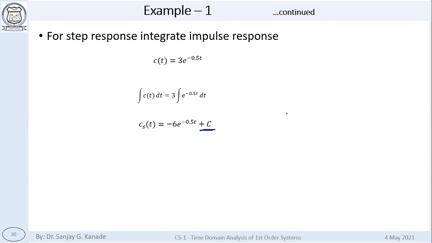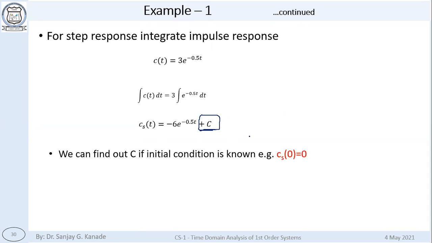So we got the integration, we kind of got the step response, but we first have to estimate the value of c. We can find the value of c if we know the initial condition. For example, Cs(t) is equal to 0 in the beginning, since the system was at rest. Here S means step response.